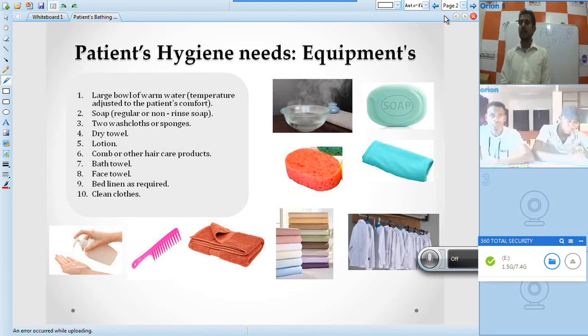The first one is a large bowl which contains warm water, with the adjustable temperature to the patient's comfort. The temperature of water must be adjusted to the comfort according to the patient.